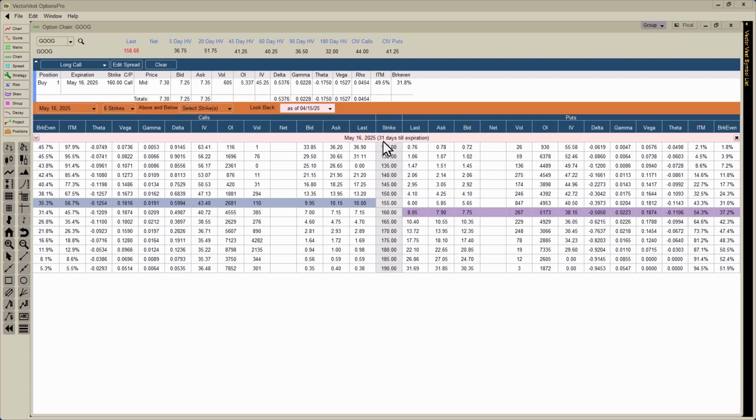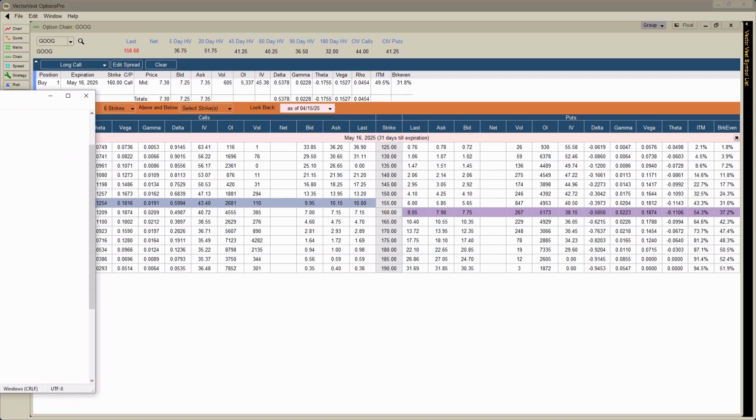Okay, now take a look at Google. If you remember, we had about an ITM of 30%. If I take a look at that 165, that same option in May for right now, look at this thing. That ITM is 35%. I can go out to 170 and it's about 27%.